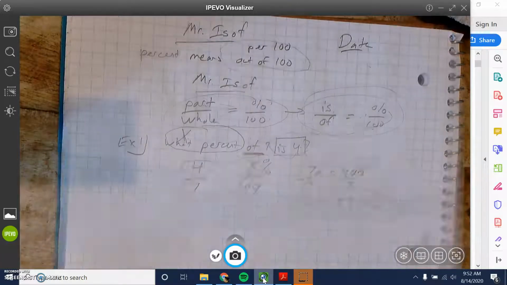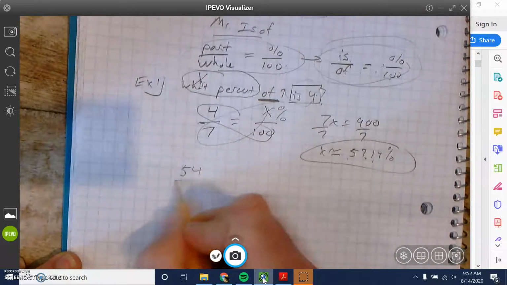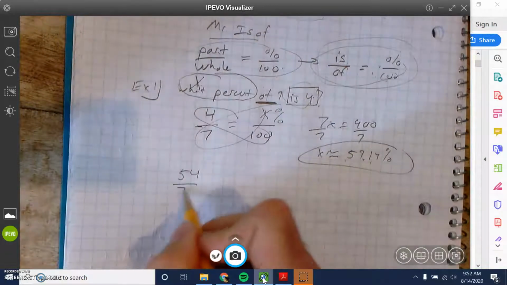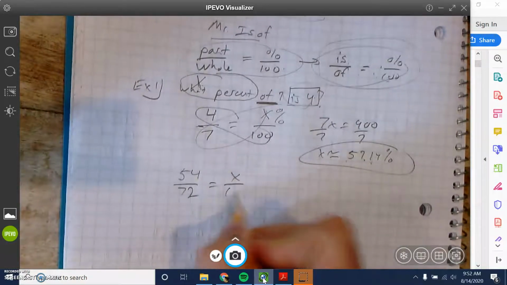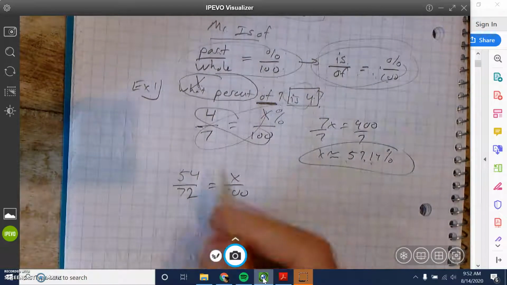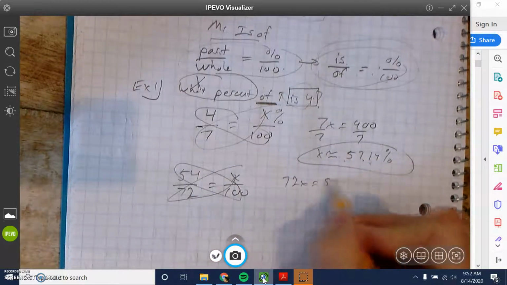All right, let's see what we got. So very similarly, you have 54 is right by the is, and then 72 is the of, and what percent over 100. So this is how you should have set up your proportion. 72x equals 54.